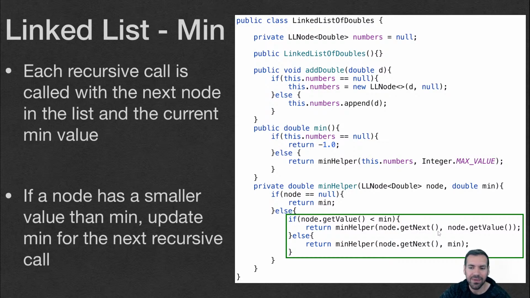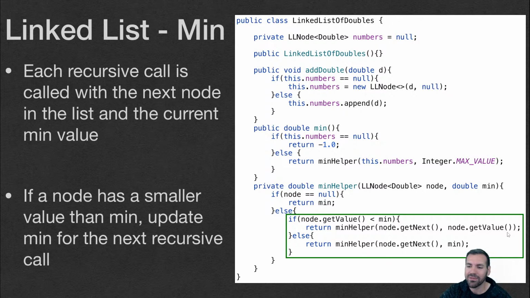I did not check if next is null, but I'm not using the dot operator on this reference yet because this might be null. Node.getNext might resolve to null. So I can't, like at the top of the method, do node.getValue. That's going to give me a null pointer exception. But node.getNext, I can make this call, which might resolve to null.